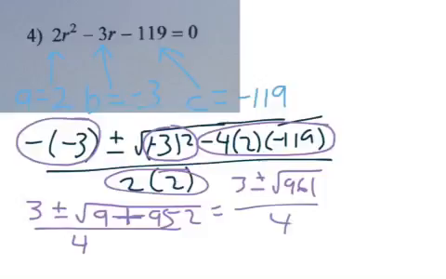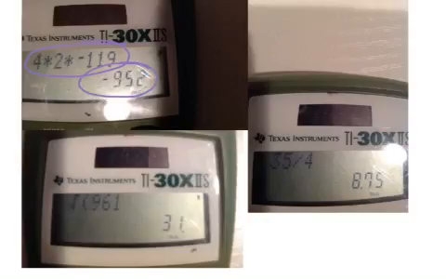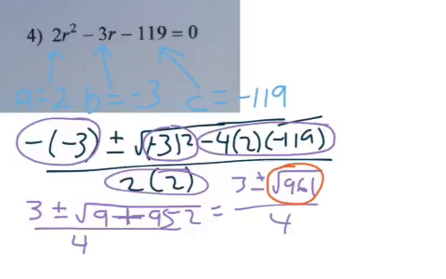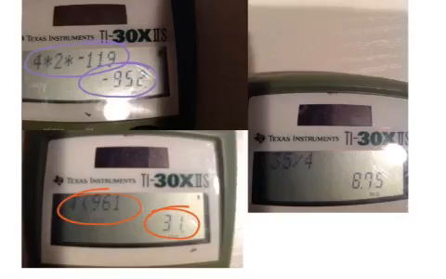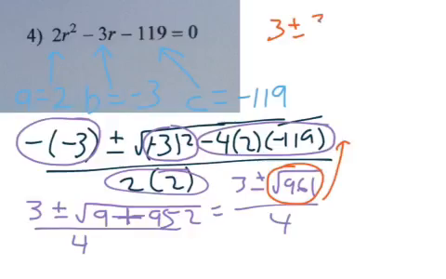Now let me change colors here. So what is the square root of 961? Well, as you can see right here, the square root of 961 is 31. Okay, so let's move it on up here. We have 3 plus or minus, what was that again? 31 over 4.